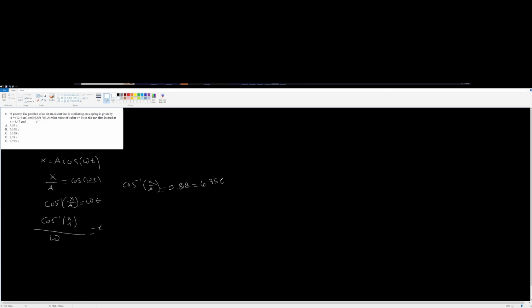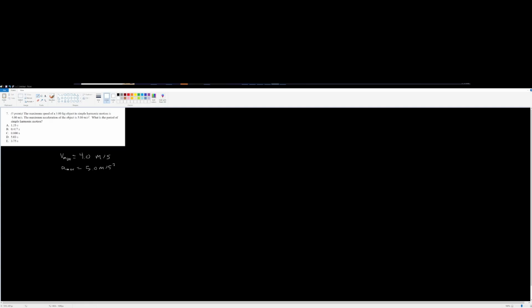We're going to get that times t. So if we divide 0.818 by 6.35, then we should have our t. And when we do that, we get 0.129, and we know that our units are in seconds, and that is answer choice C.